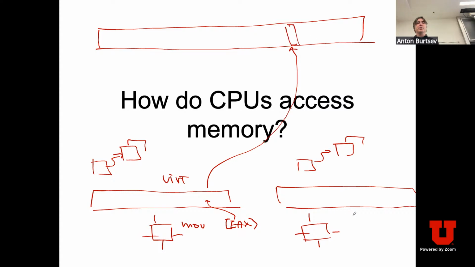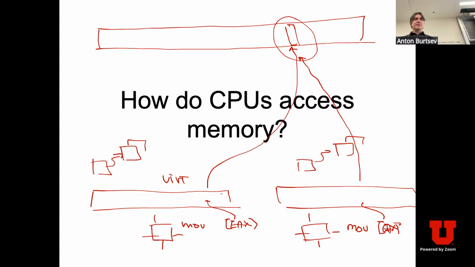My question is the following. What happens if a different CPU tries either load or store EAX? Sorry, slightly bad drawing, but the point is this. What happens if these 2 CPUs try to read and write the same memory location? How does it work? What do they see?